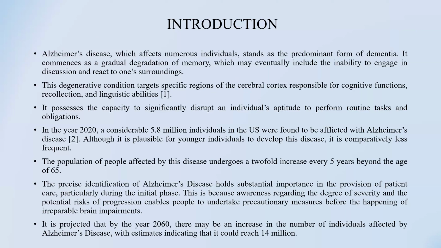The population affected by this disease undergoes a twofold increase every 5 years beyond the age of 65. The precise identification of Alzheimer's disease holds substantial importance in the provision of patient care, particularly during the initial phase.